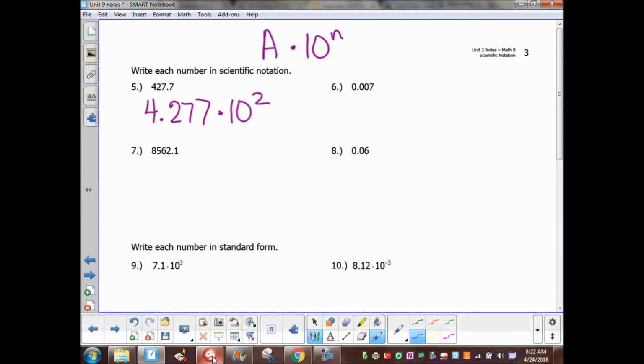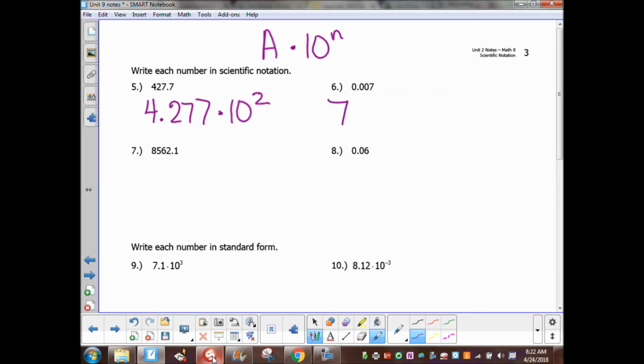Come on, guys. Let's put our hands up. Where should I place the decimal so I get a coefficient that's somewhere between 1 and 10? Jason. Oh, we're on number 6. Go to the right. Yep.